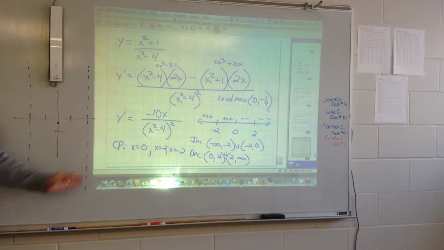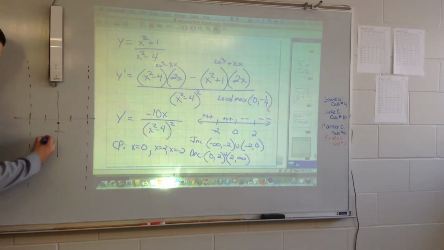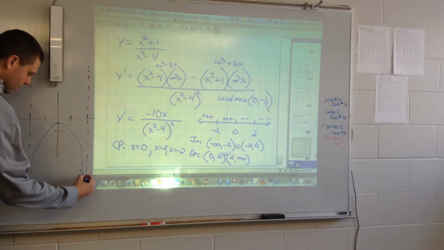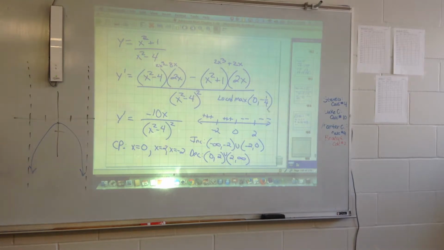From 0 to 2, it's decreasing. So if you had to take a guess, what do you think? Kind of an upside down parabola, maybe slightly fatter, but it's not going to have any extra waves in there. So this could be a very rough sketch.